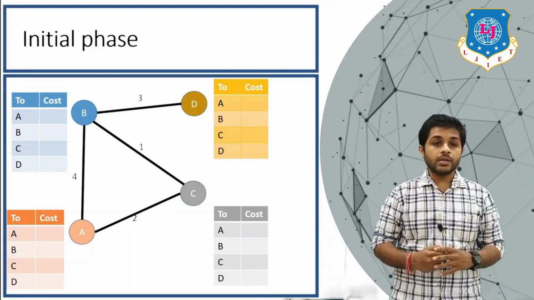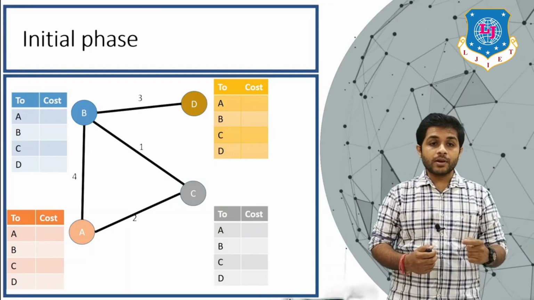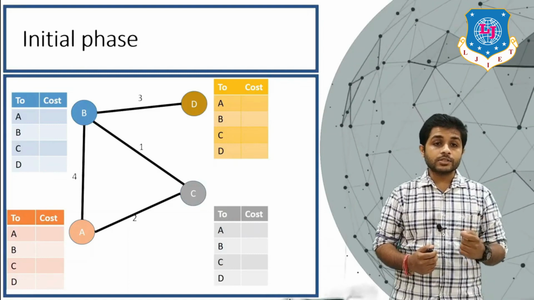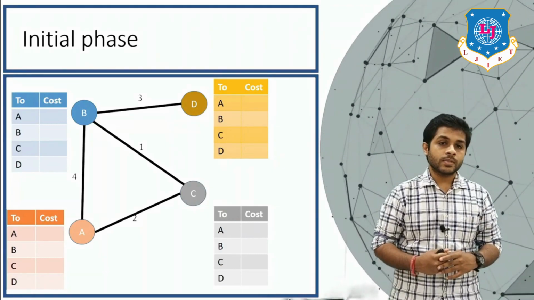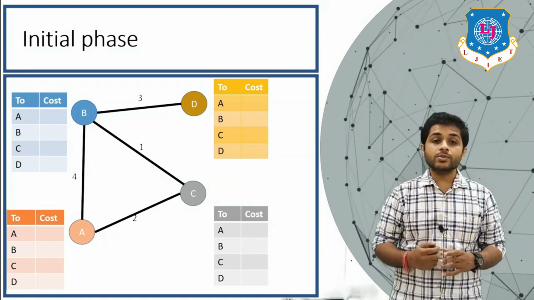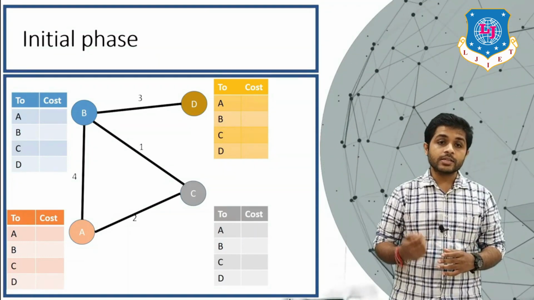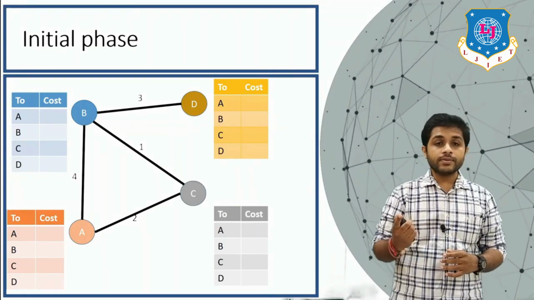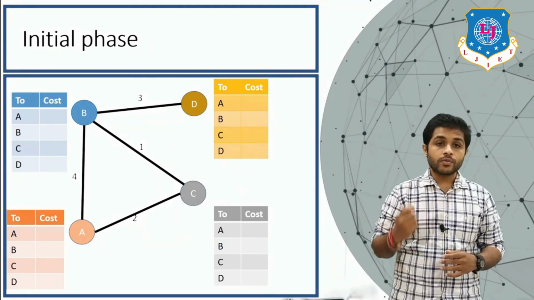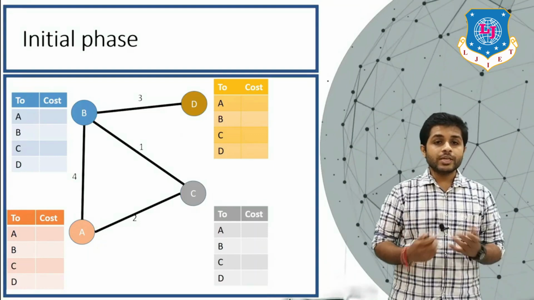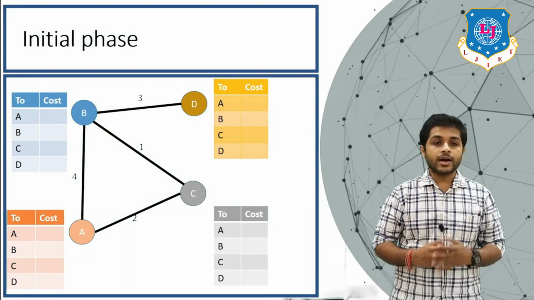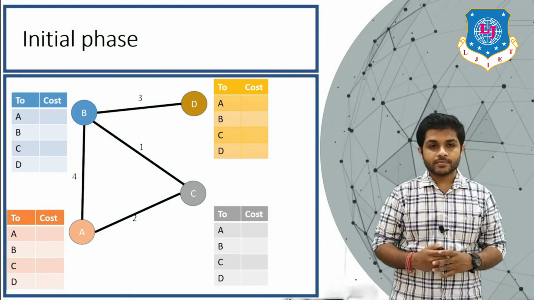For example, router A's table indicates the distance from A to all the remaining routers. The entries in router C's table indicate the distance from router C to all the routers. So initially there are no entries in the table.